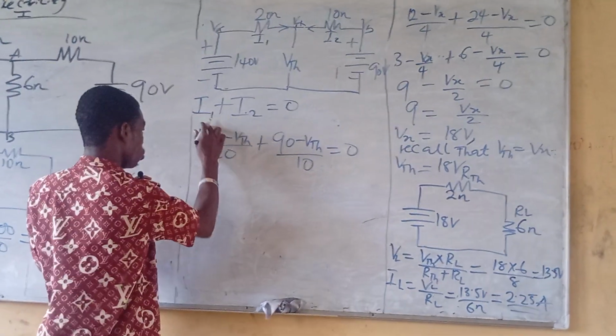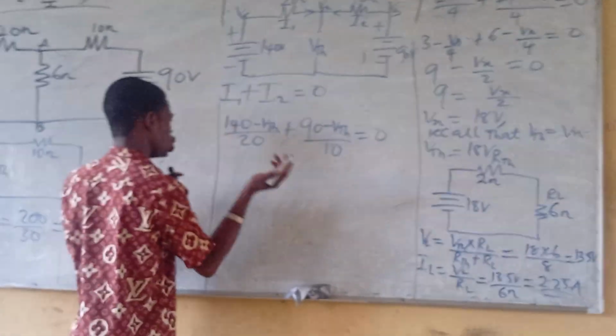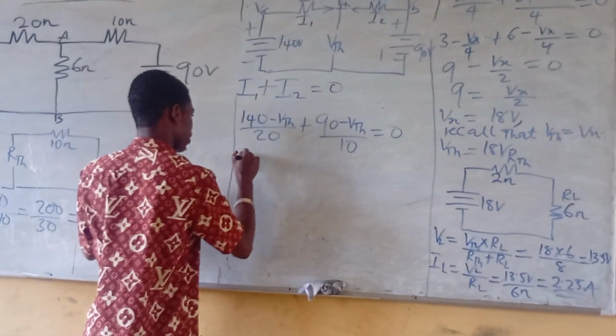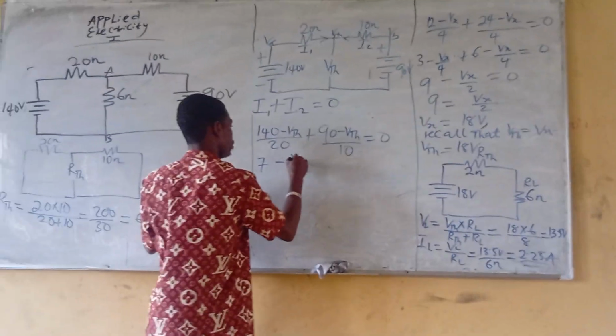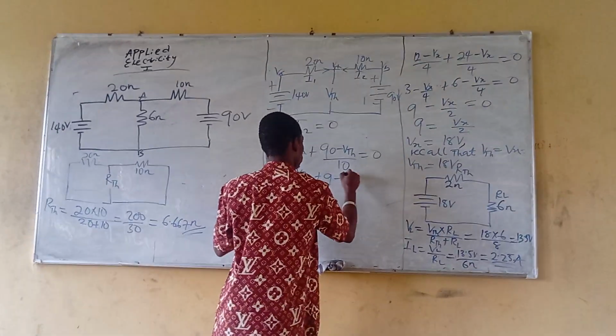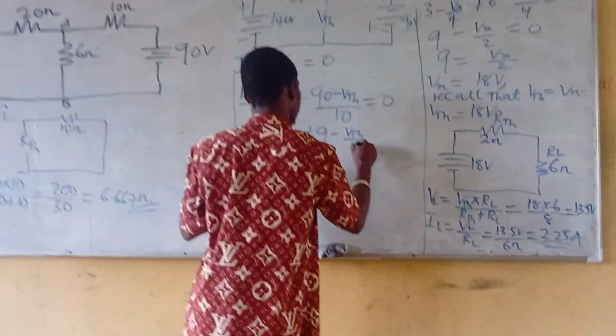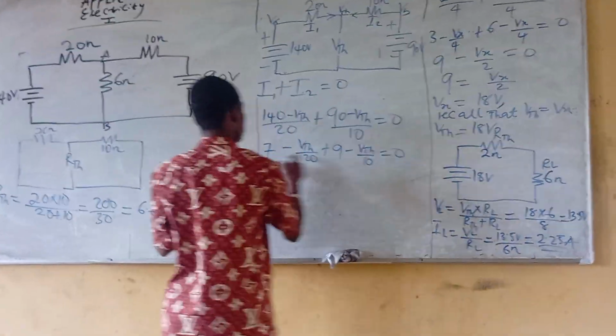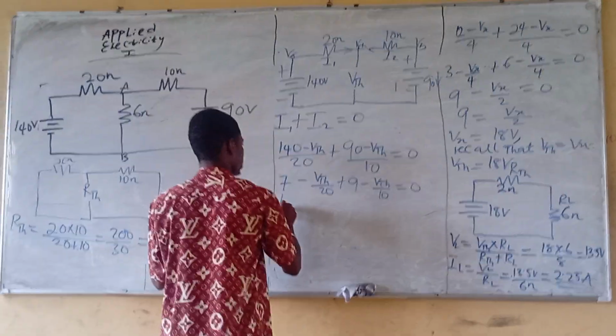So 140 divided by 20 is 7, so 7 minus VTH over 20, then plus 9 minus VTH over 10 equals 0. So 9 plus 7 is 16.